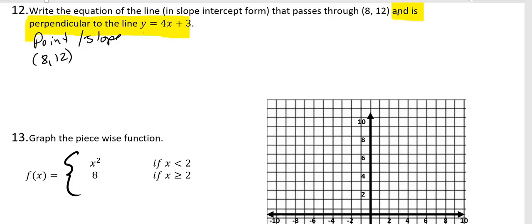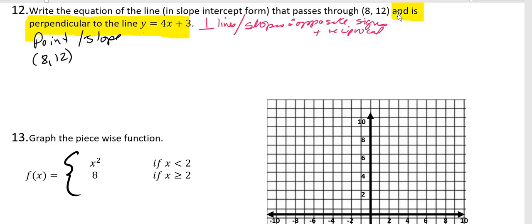We have to know that perpendicular lines have slopes that are opposite and reciprocal. So opposite signs and reciprocal, which means flip it over. Okay? So parallel lines have the same slope, but we have perpendicular lines.